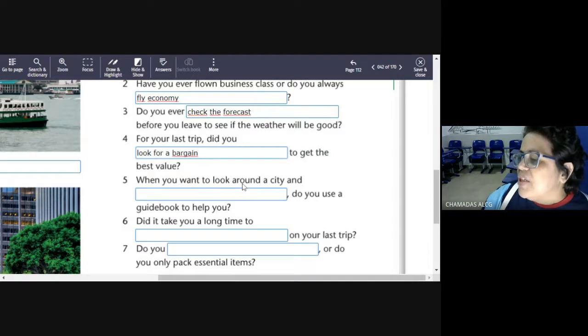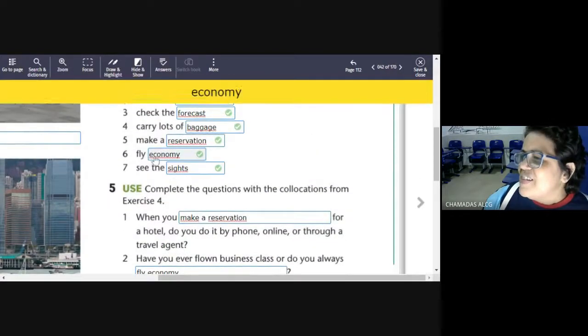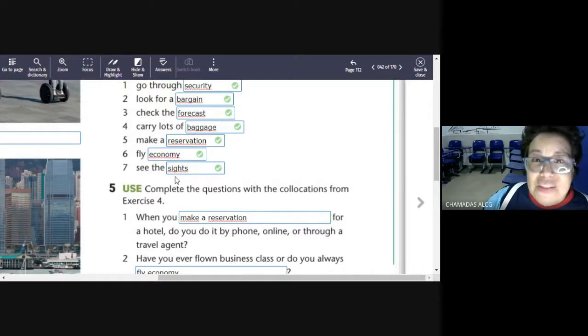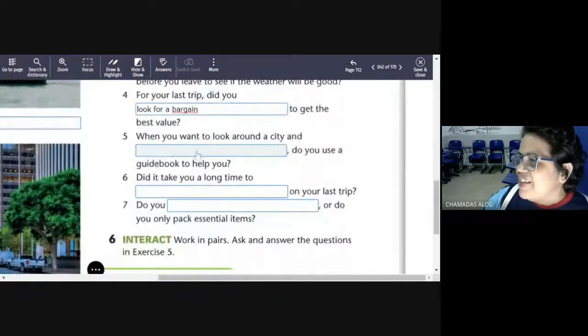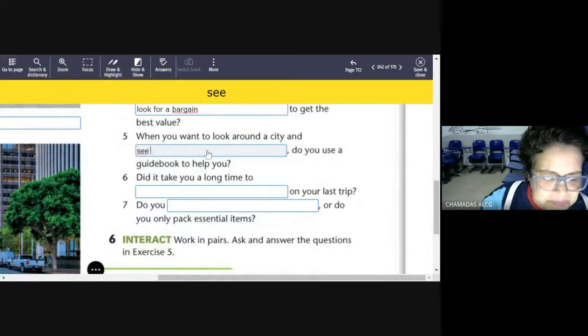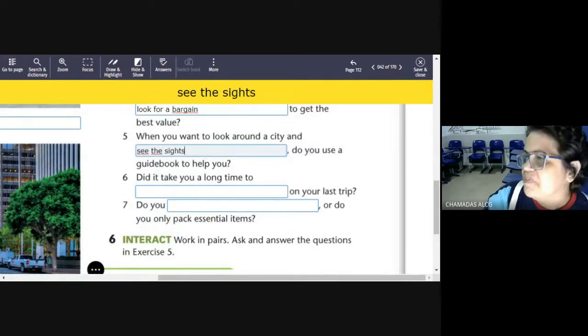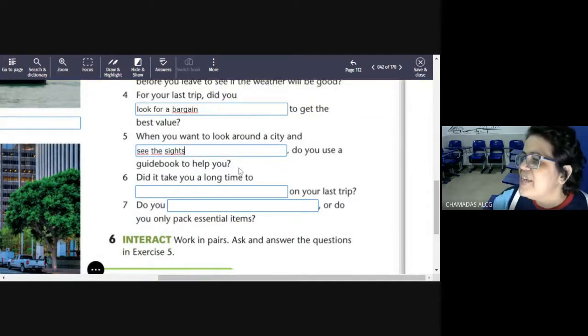When you want to look around a city, do you use a guidebook to help you see the sights? Okay. All right. And number 7, did it take you a long time to go through security on your last trip?